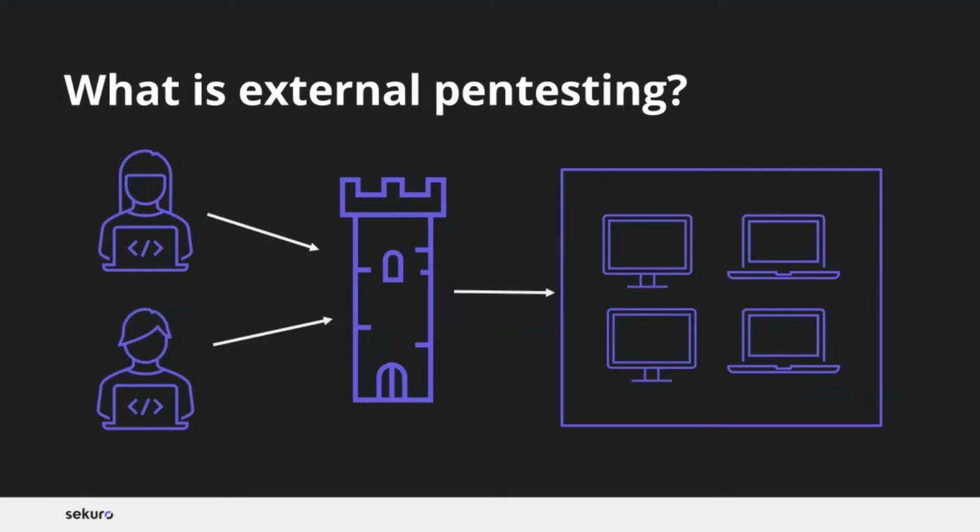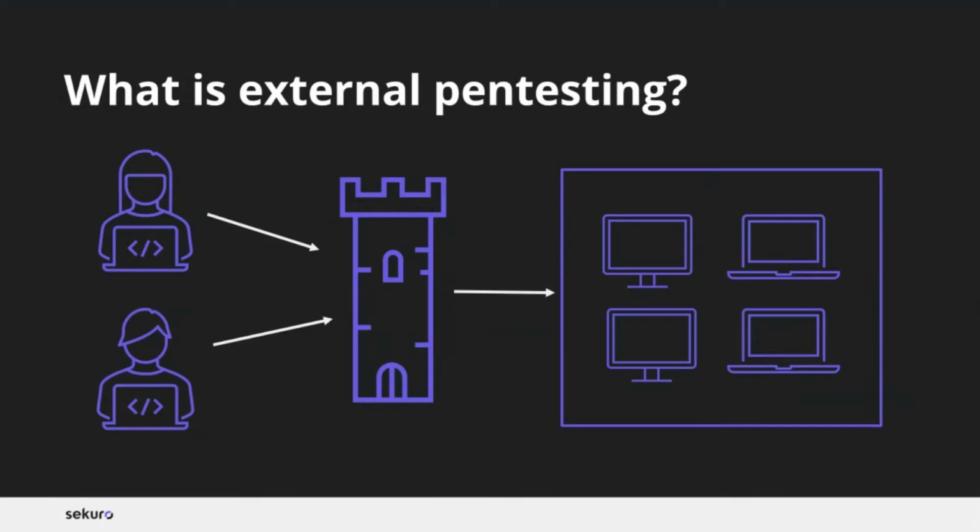An external pen test will often attempt to abuse resources on that perimeter in order to gain unauthorized access to them. So things like default credentials, outdated services and components, or even insecurely configured resources. These are the kinds of things you would expect to see from an external pen test.